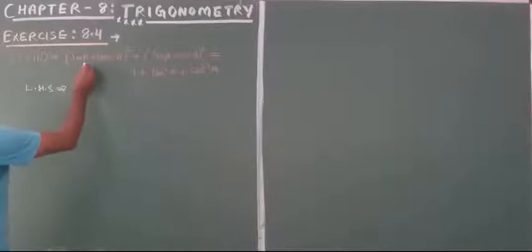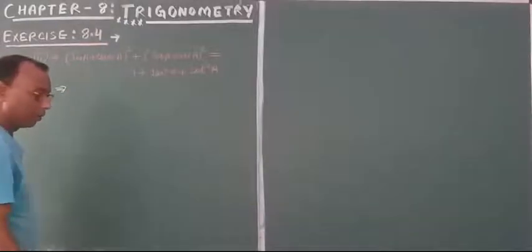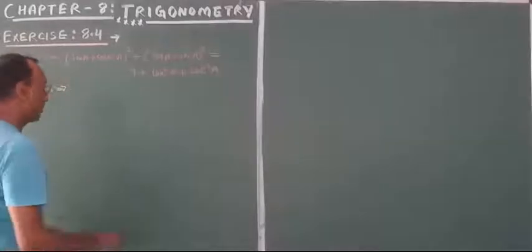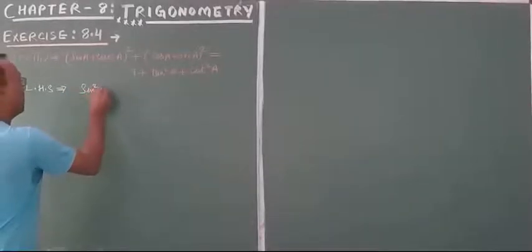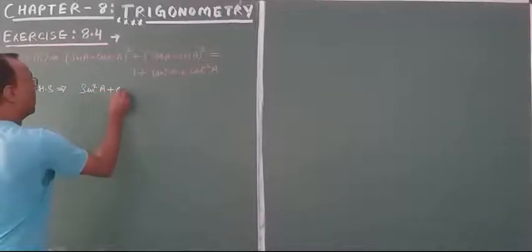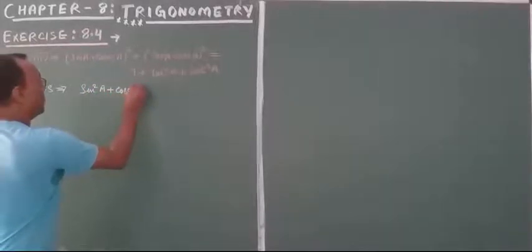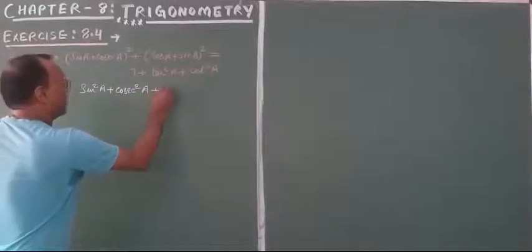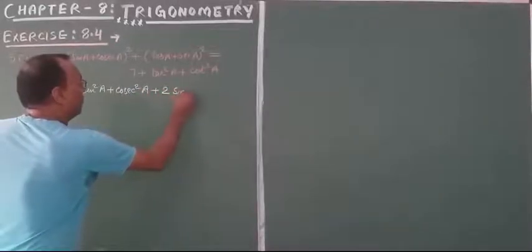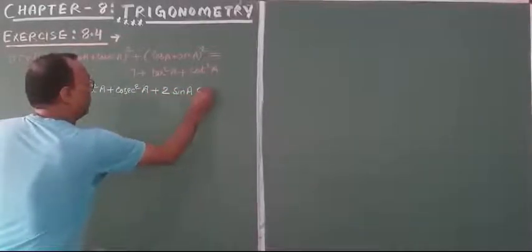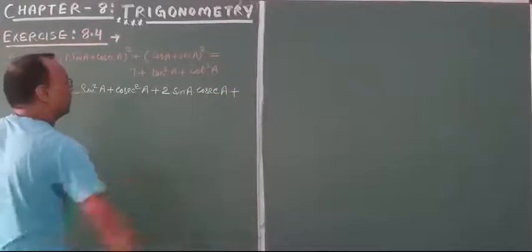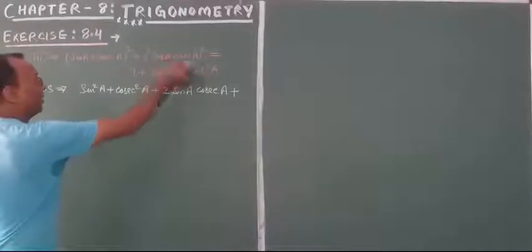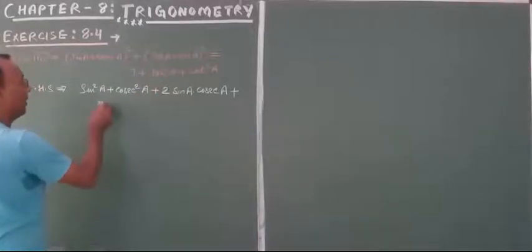First I am opening this bracket, sin a plus cosec a whole square, with the formula a plus b whole square. So what will happen? This will become sin square a plus cosec square a plus 2 sin a into cosec a plus, now open this with the help of this formula. What will happen?